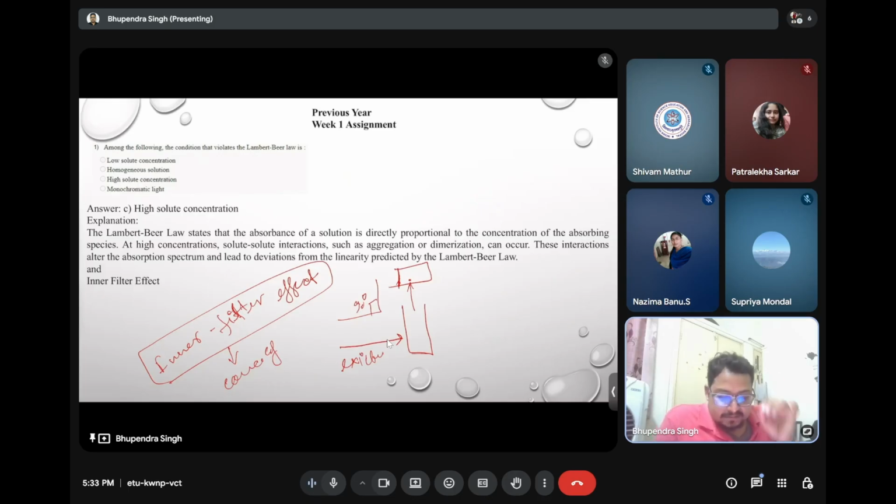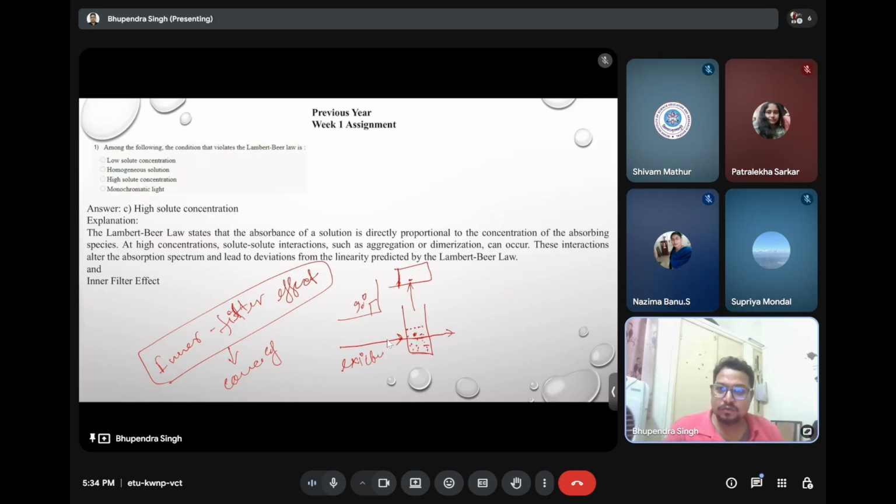What will happen when the concentration is low? This light will pass through till here, it will transmit, and some molecules will absorb the light. These molecules will go to the excited state and emit.